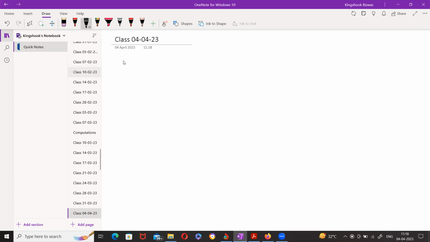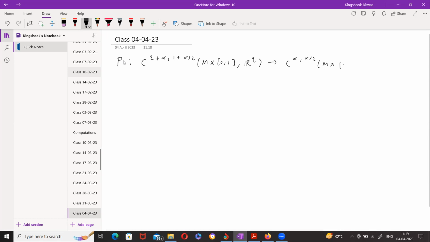You have this map P from C2 plus alpha, 1 plus alpha by 2, on M cross [0, 1] into RQ, going to C alpha, alpha by 2, on M cross [0, 1] into RQ.